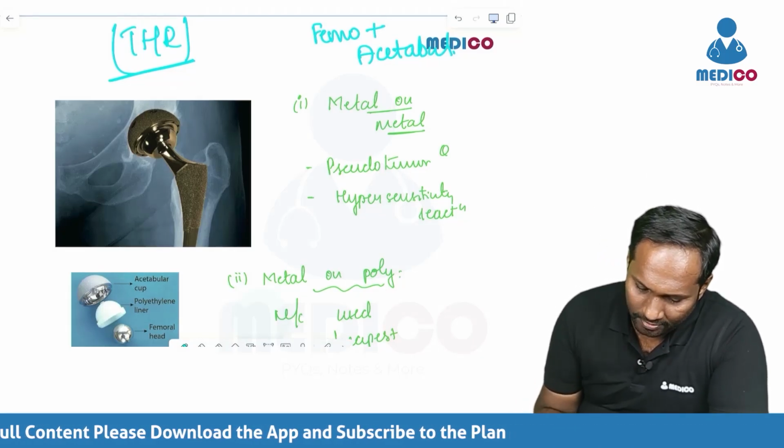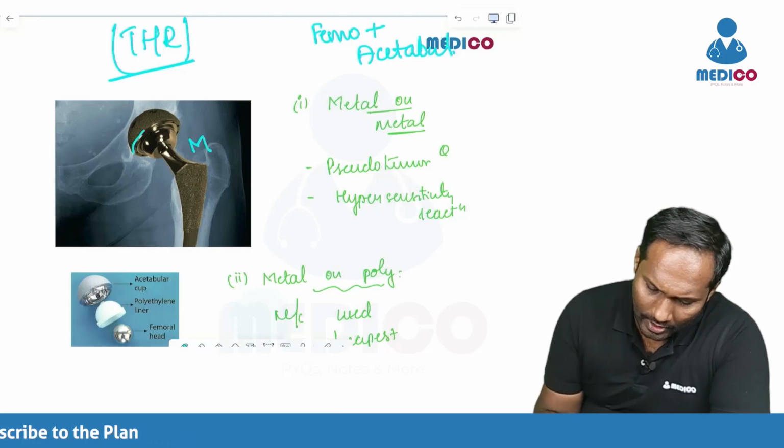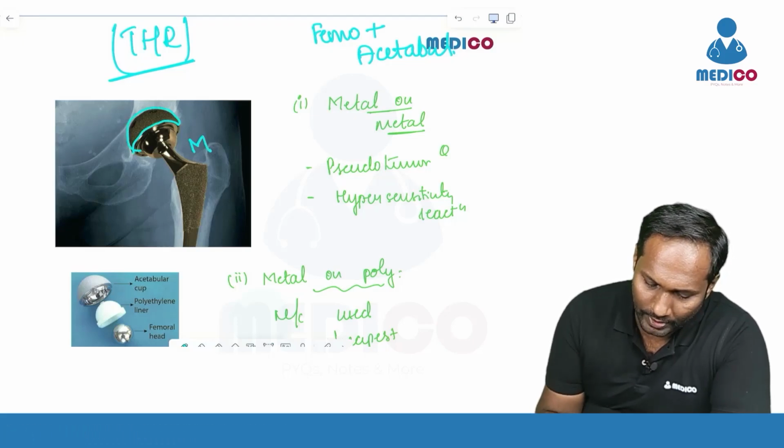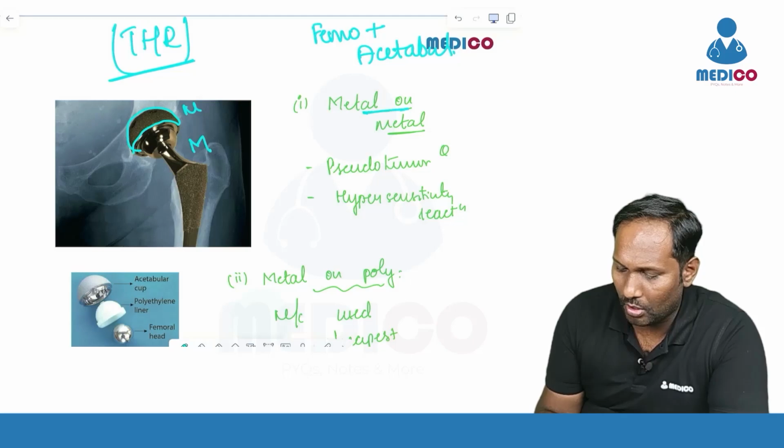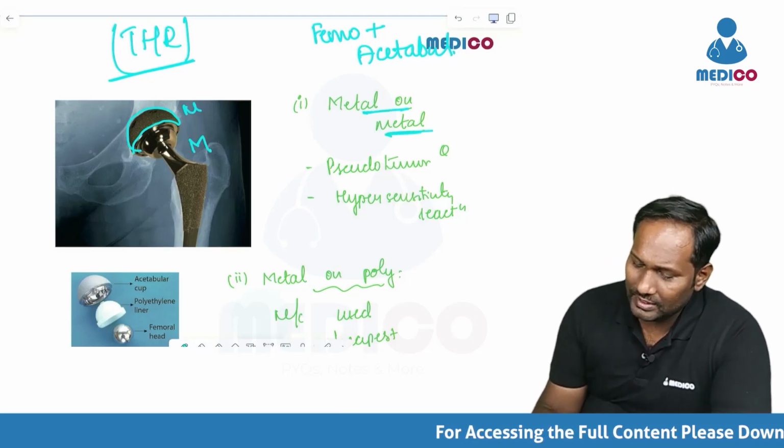Now, basically, if the femur is metal and the acetabulum cup is also metal, it is called metal on metal. Metal on metal is the cheapest one.